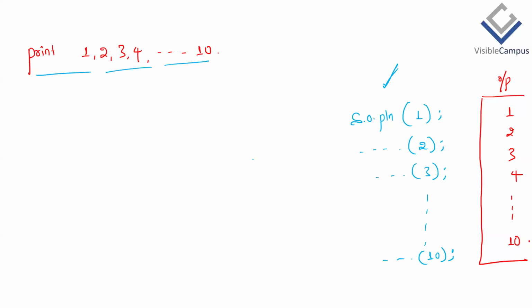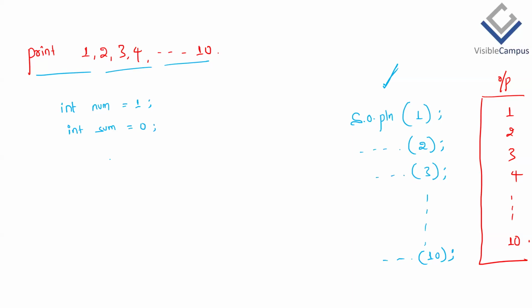The next, if the same thing, can you do it like this? For example, int number equals 1. The next, int sum equal to 0.